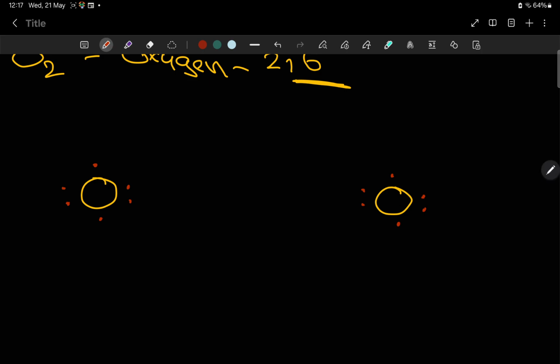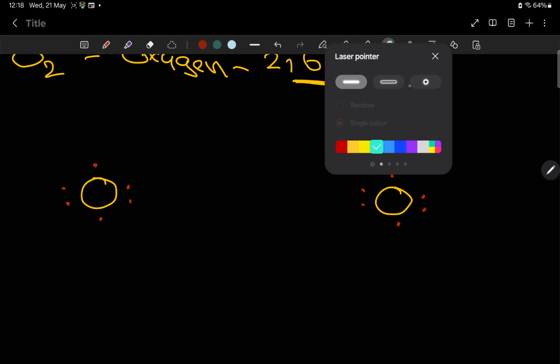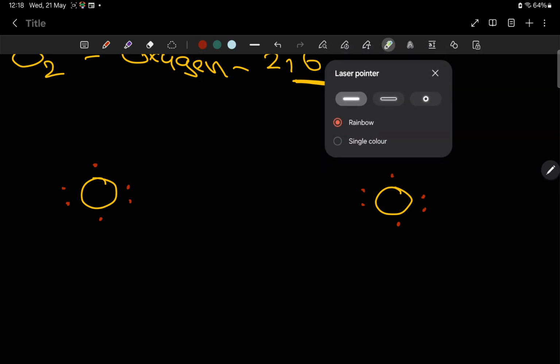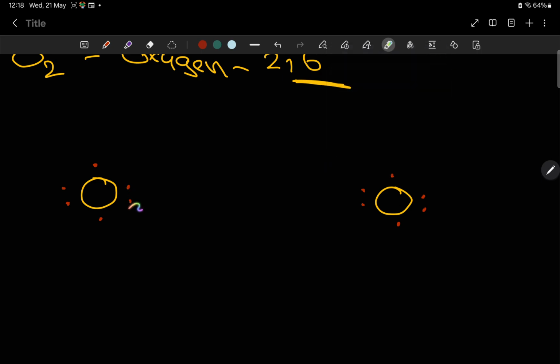So what will it do is, this oxygen atom shares 2 electrons with this oxygen atom, and this oxygen atom shares 2 electrons with this oxygen atom. Understand? This oxygen shares these 2 with this, and this oxygen shares these 2 electrons with this oxygen.